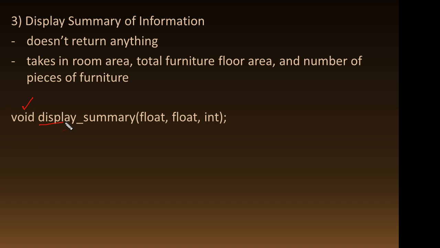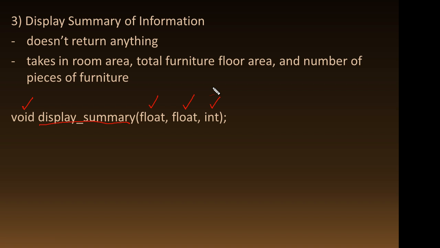We gave it a name, which is display summary. It has to take in the things that it's going to display for us, so that is room area is a float, total furniture floor area is a float, and number of pieces is an integer, because of course you're not going to have half a piece of furniture. Okay.